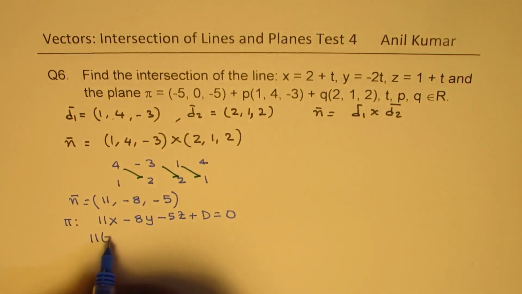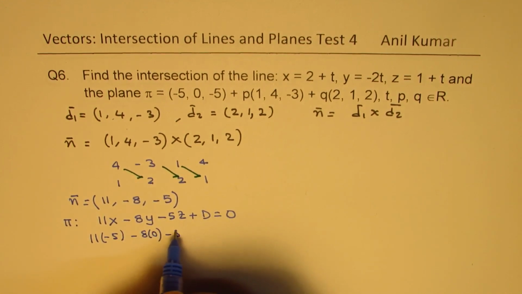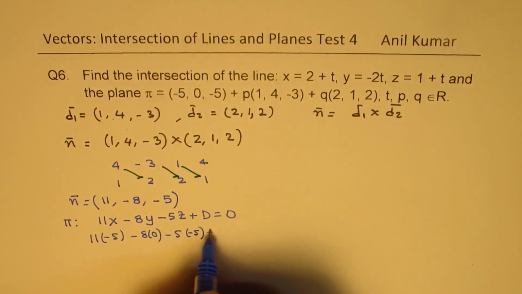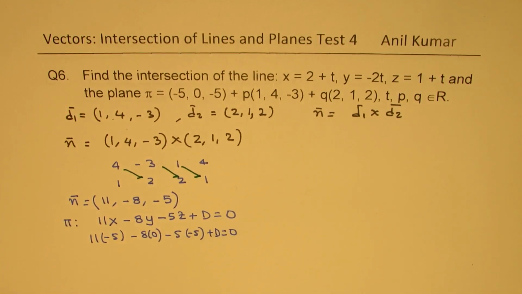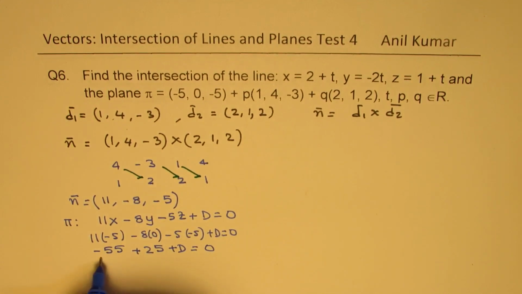So we have 11 times minus 5 minus 8 times 0 minus 5 times minus 5 plus D equals to 0. So that gives us minus 55, that is 0, and this is plus 25 plus D equals to 0. So that gives us the value of D as equal to, when you take away, you get 30 here, right? So D equals to 30.